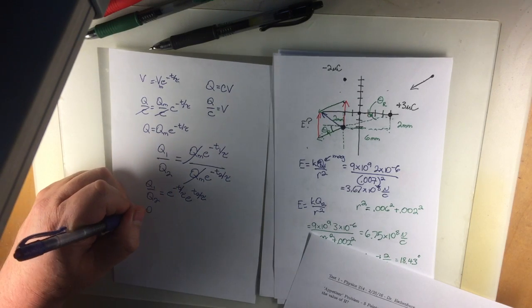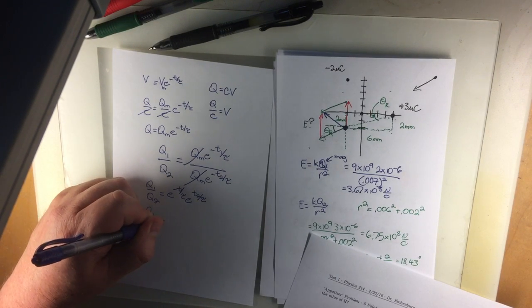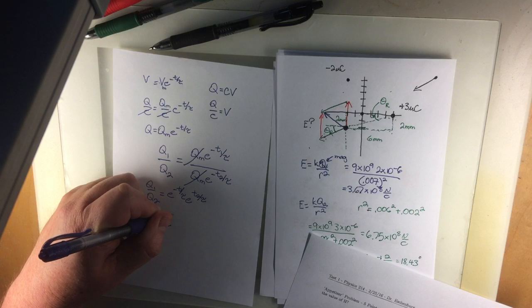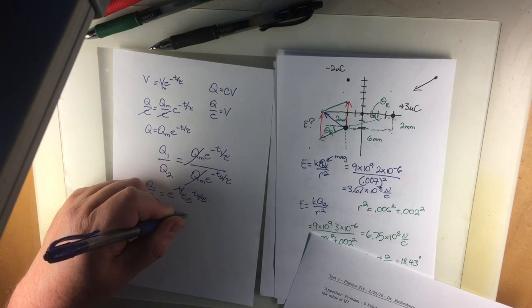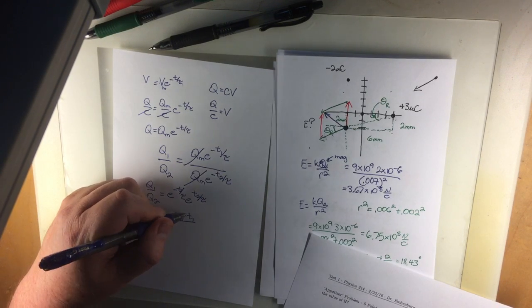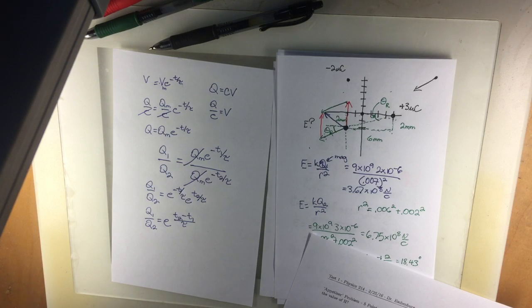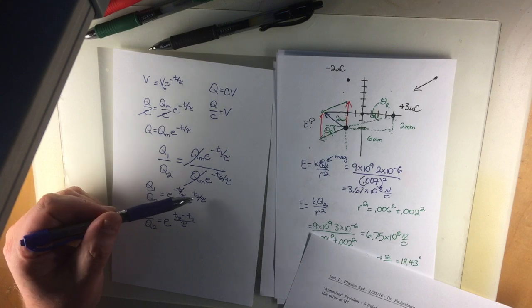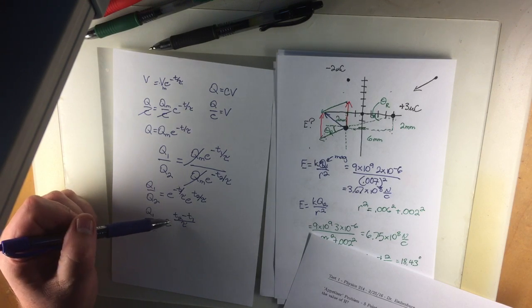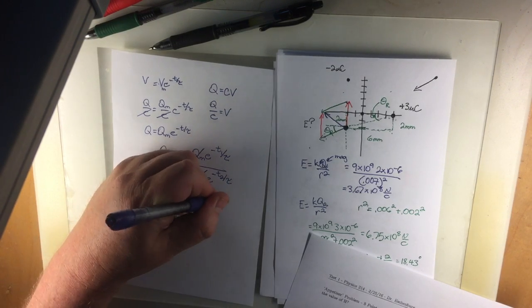This becomes Q1 over Q2 equals e to the T2 minus T1 over, and now I'm going to put the tau in the denominator of the exponential, because minus T1 over tau plus T2 over tau is T2 minus T1 over tau.